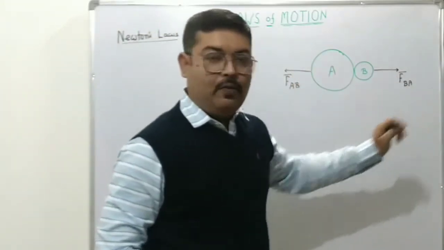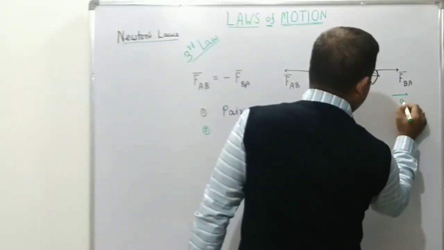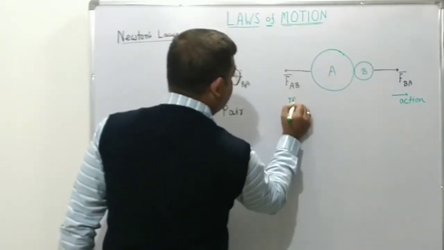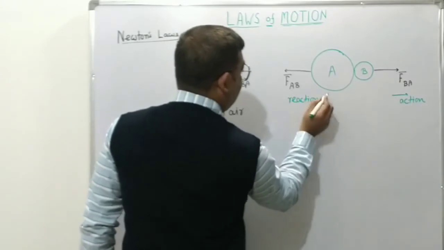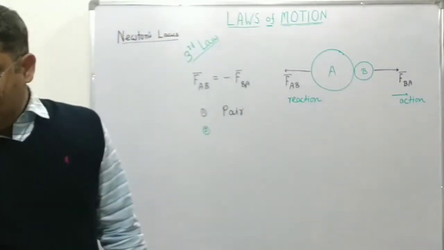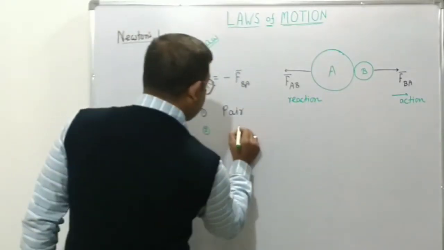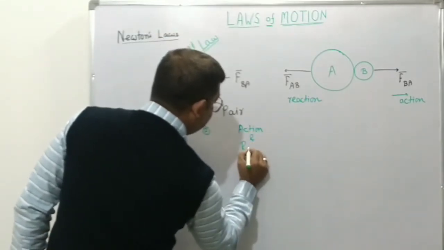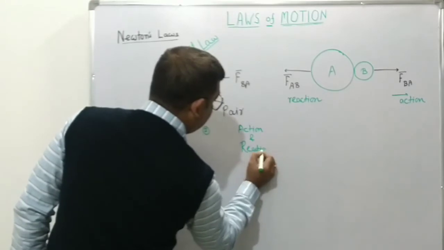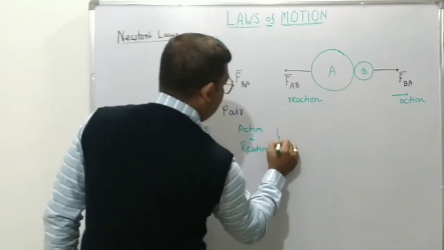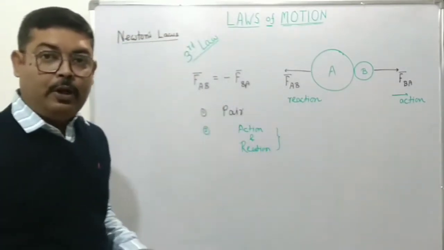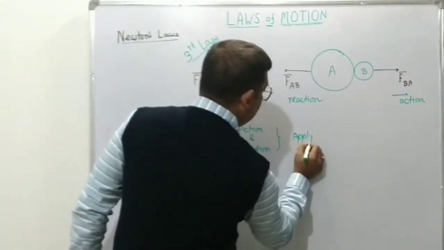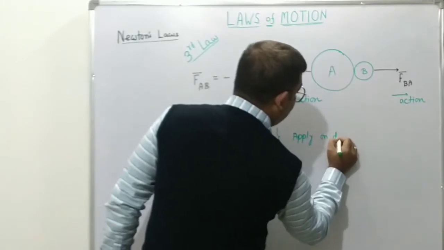A's force on B, if we call this the action, then B's force on A is the reaction to the action. Then this action and reaction do not apply on the same body, or rather they apply on different bodies.